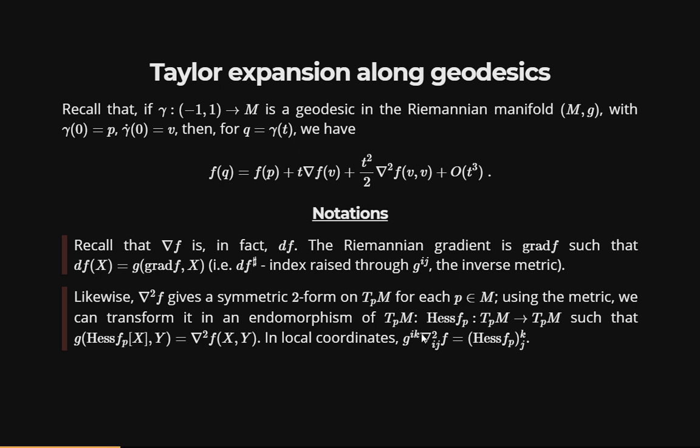In local coordinates, we're just raising an index, so the Hessian of f at p, the component jk, is this one. We raised an index by k; which index is not important because the Hessian is symmetric. Again, this is Einstein notation, so there is a summation over i understood. And by the way, this just makes sense.